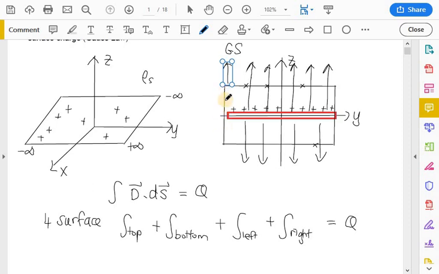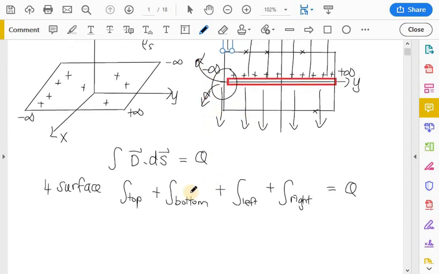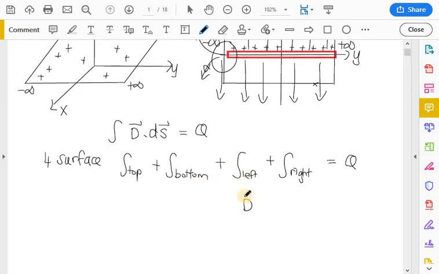How about the side part? It extends to infinity, meaning there is no electric field coming out from here. So the flux coming out from the left side and right side will equal 0. We only focus on the integrations of the top and bottom.